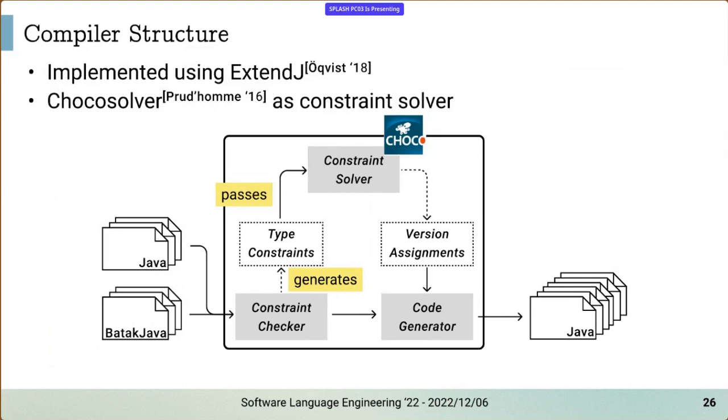The constraints we get from the constraint checker are passed to a solver. Right now, we use a third-party solver, the Choco solver, a constraint programming library for Java. The solutions we get from that solver are then passed back to the generator to be used to convert our BatakJava programs into Java programs.